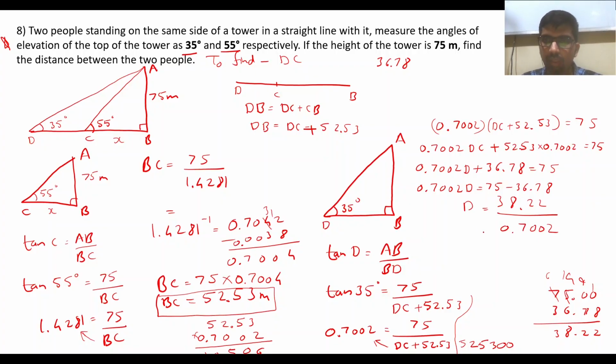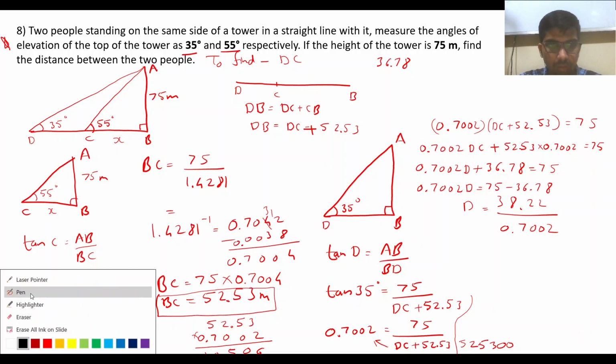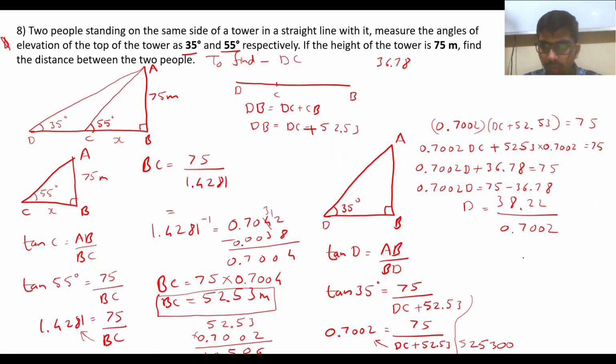Now again we have to do the reciprocal. So let's open the reciprocal table. First find the reciprocal of 7.002, it will be easy.